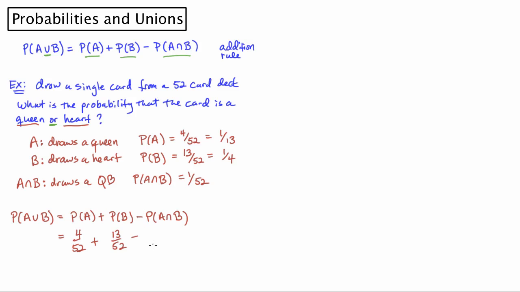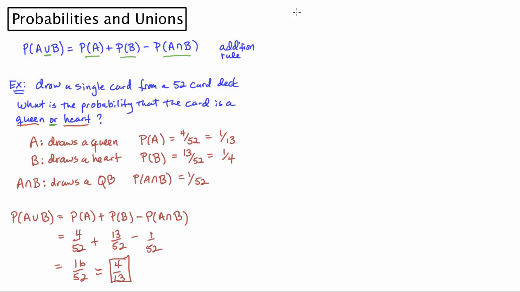The probability of the intersection is 1 out of 52. Using 52 as the common denominator and adding them all up, you get 16 out of 52, which reduces to 4 out of 13. So that's our first example.